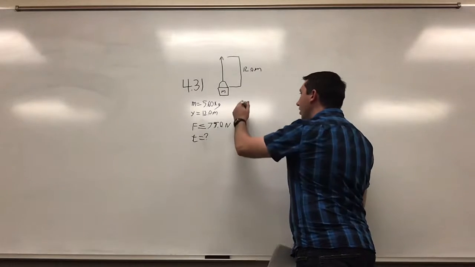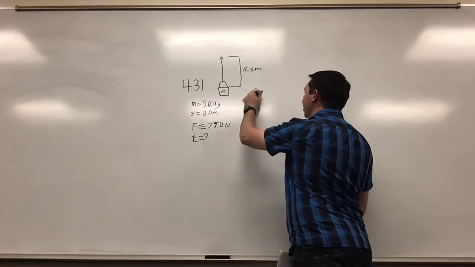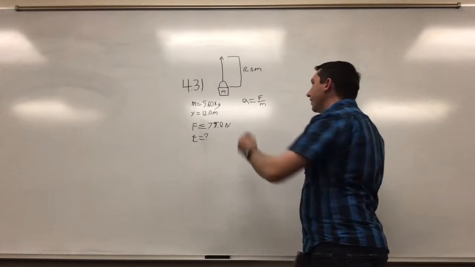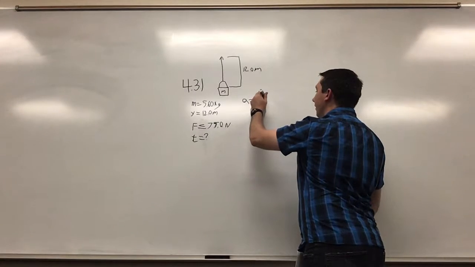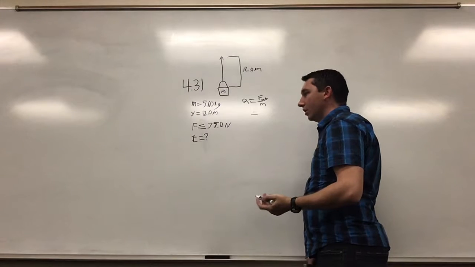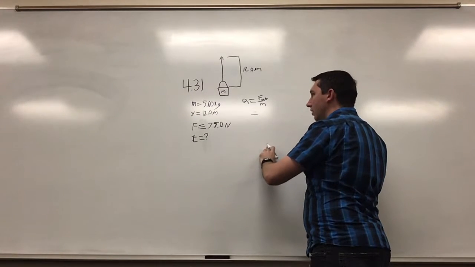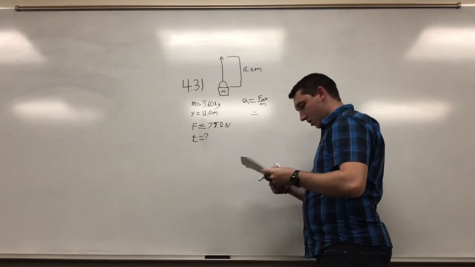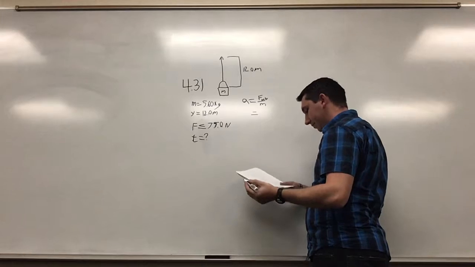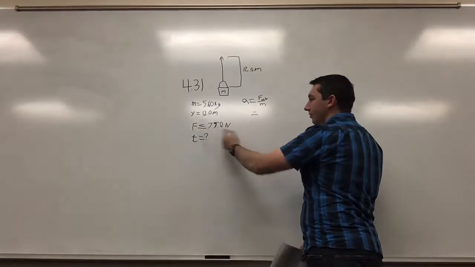So first we need to find the acceleration, and we know that the acceleration is equal to the force divided by the mass, and this is the net force, that's just the total force.